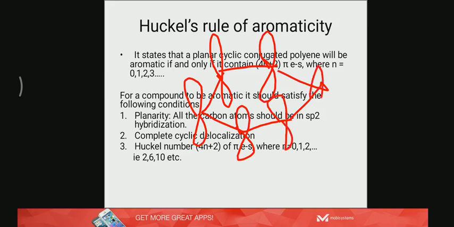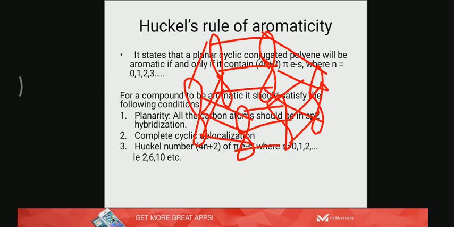And all the carbon atoms in benzene are sp2 hybridized. So sp2 hybridization is required for the planarity, so that these orbitals can laterally overlap and resonance occurs when these p orbitals simultaneously overlap, like this. So this makes up the complete delocalization.